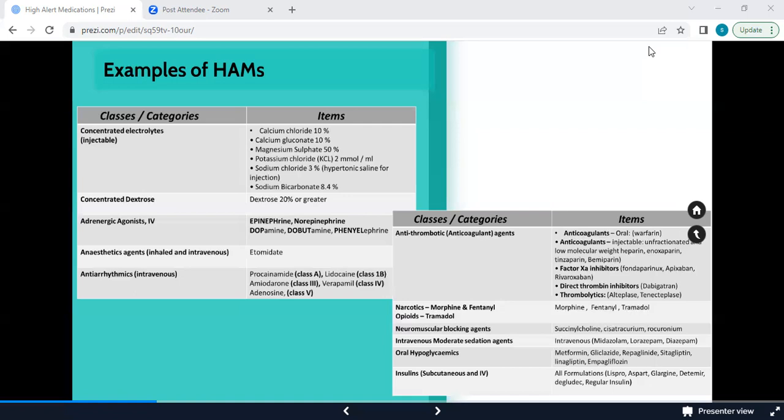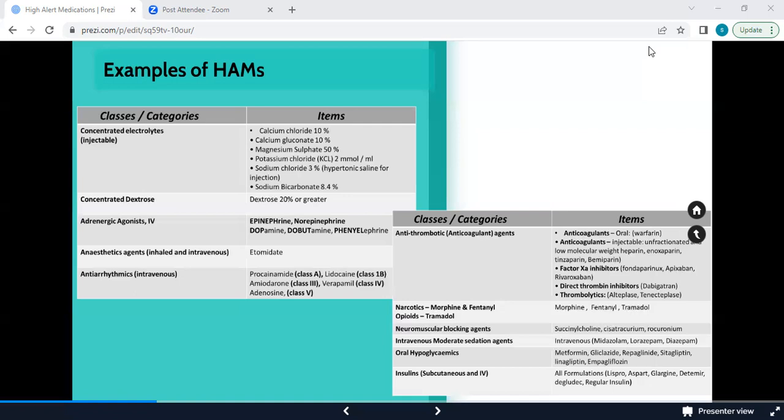Another class of agents available in any tertiary hospital or long-term rehabilitation hospital is narcotics, such as morphine, fentanyl, and opioids such as tramadol. All of these are considered high alert medications.